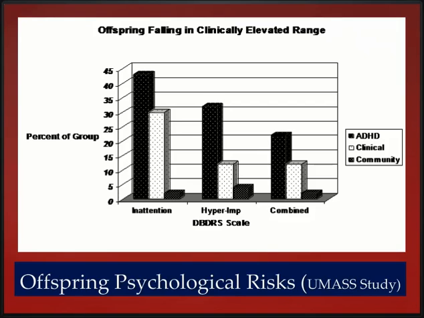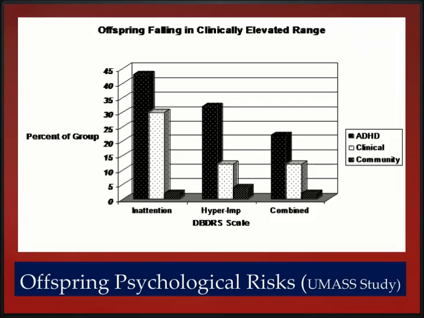Now, if ADHD is genetically predisposed, we should not be surprised to see that the offspring of ADHD adults have a higher frequency of having ADHD. We evaluated the children of the ADHD adults in the UMass study, and you can see here that we found precisely that outcome. The children of ADHD adults were more likely to be classified as impaired in their inattention, in their hyperactive and impulsive symptoms, and to qualify for the combined type of ADHD.